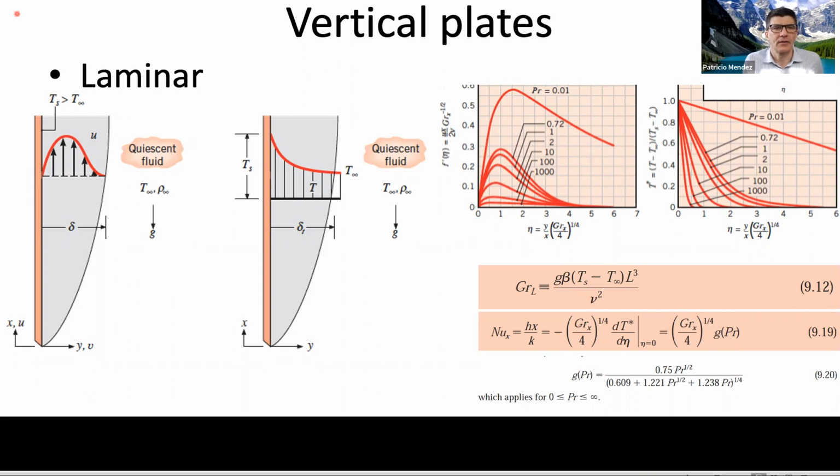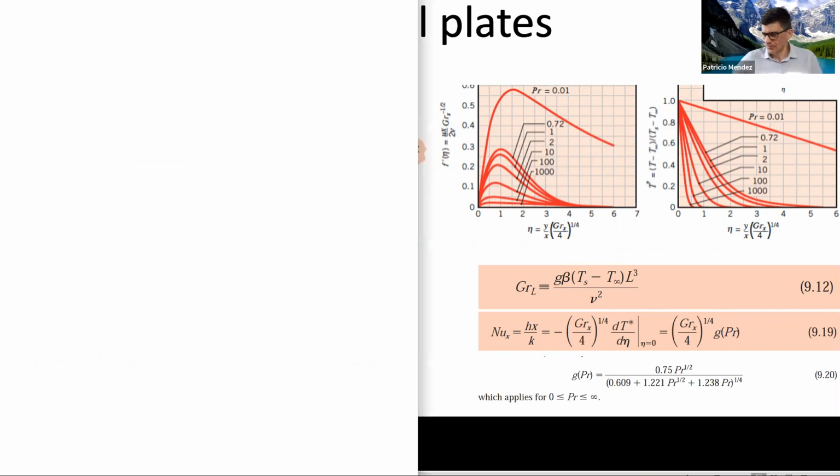Nusselt of x is proportional to Grashof of x to the 1/4, right?